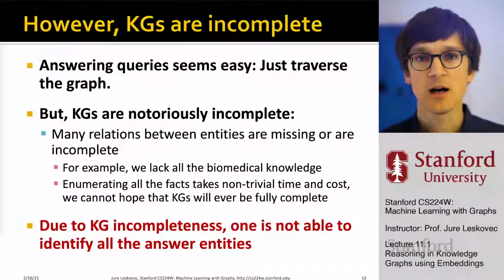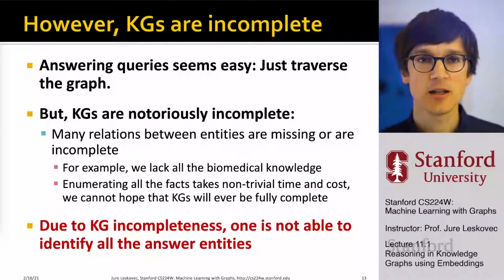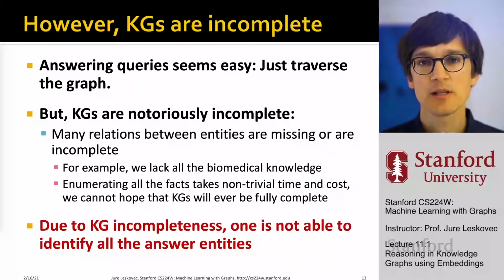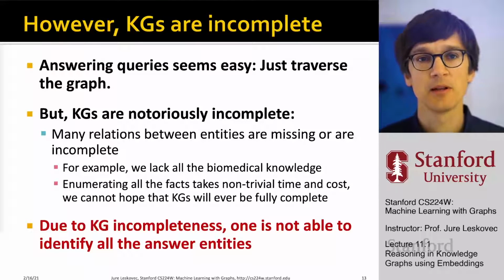Of course, in some sense, this seemed easy, right? Answering queries seems easy, you just traverse the knowledge graph according to this plan. But the problem is that knowledge graphs are notoriously incomplete, right? Many relations between entities are missing or are incomplete.